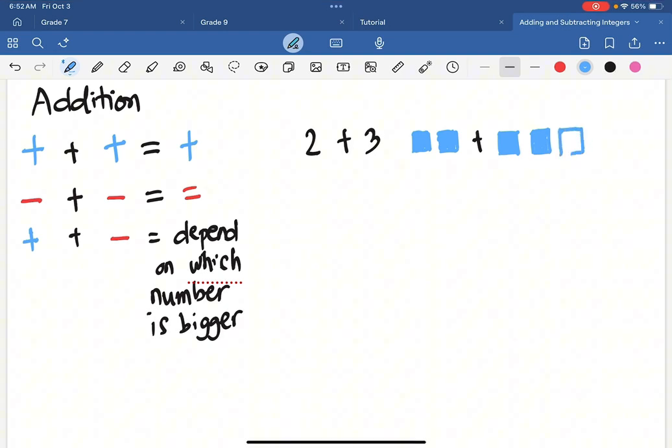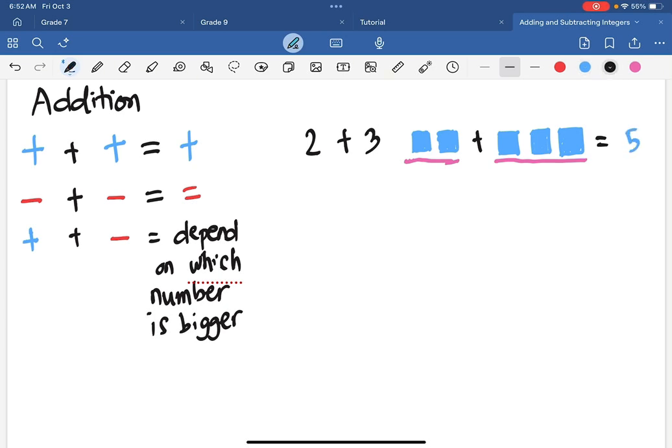So obviously we have here the positive 2 and positive 3. When we add them, we could count that there are five positive numbers or 5 positive boxes.